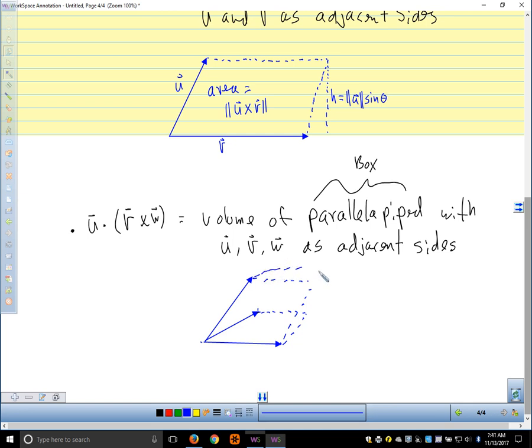So this is a slanted box. It could be very slanted or not. It's like you have a box, a slanted box. You're missing a side. Oh, thank you. There we go.